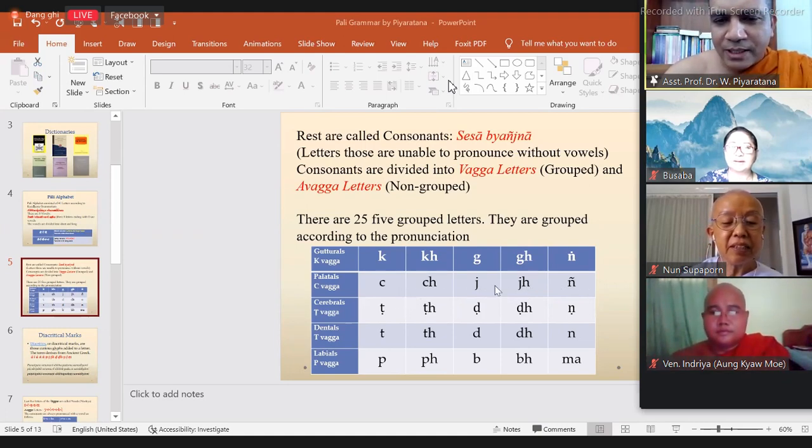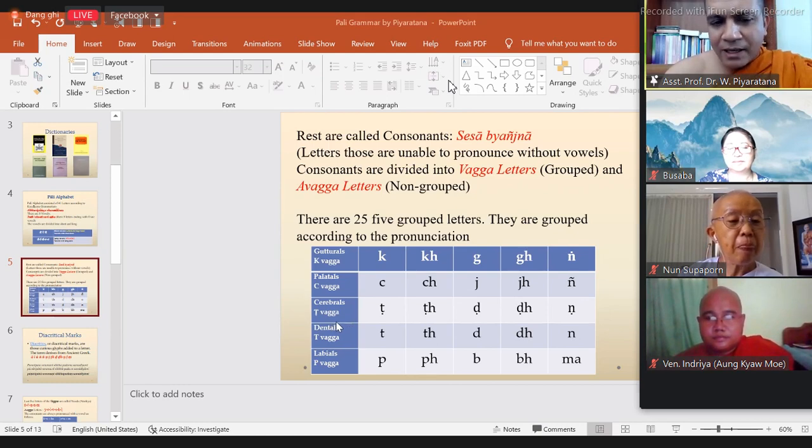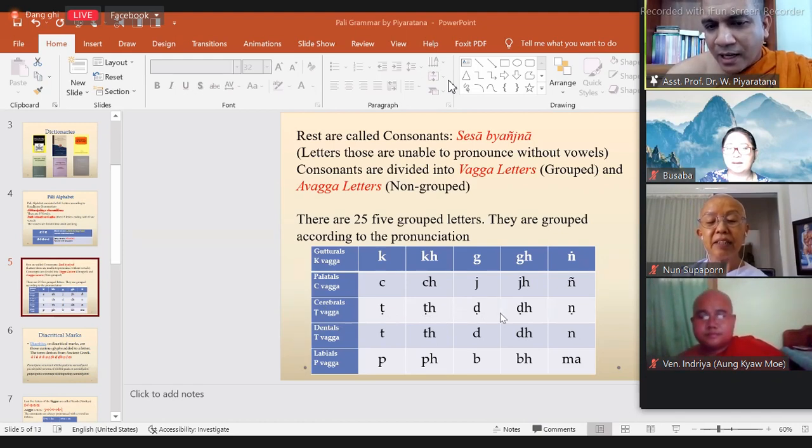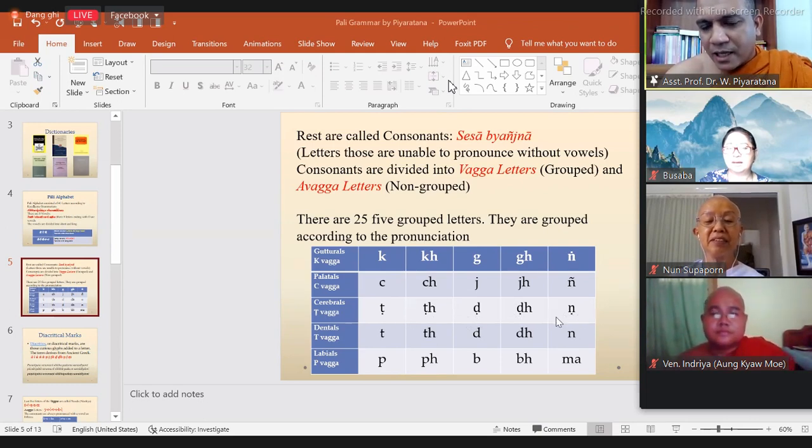This is the second group, and the third group we call ta vagga, starting from ta.